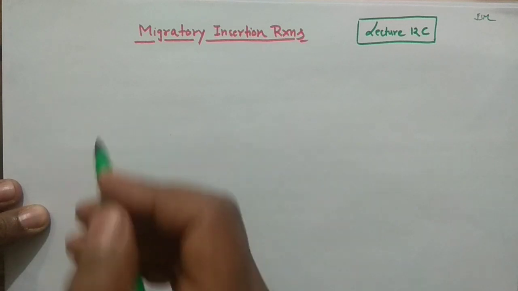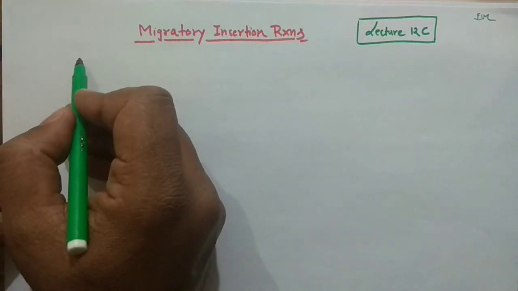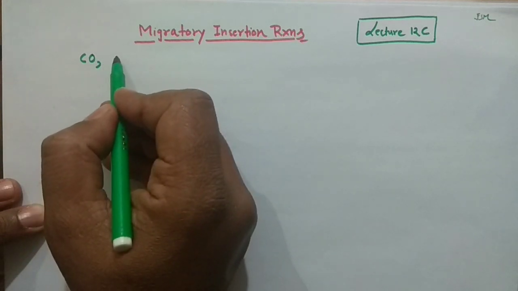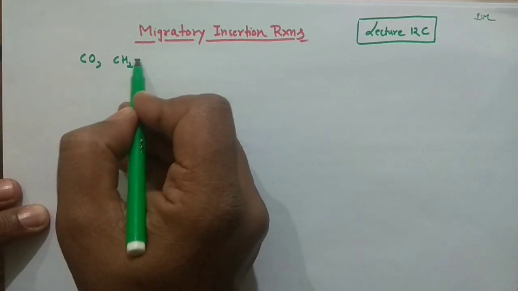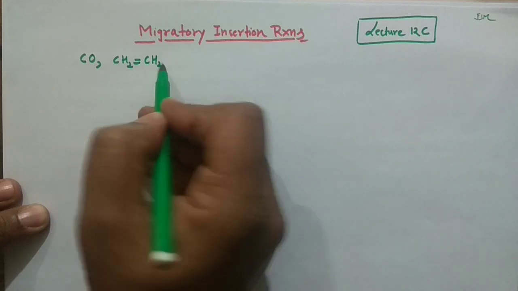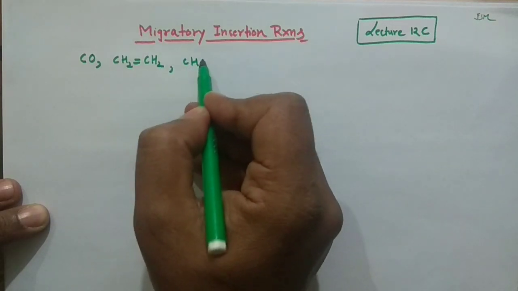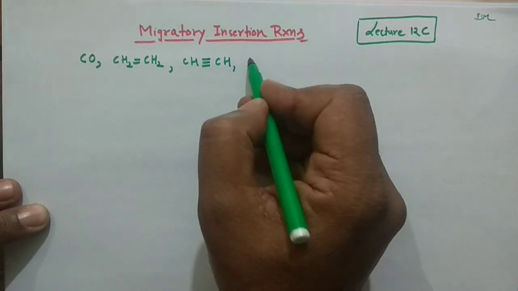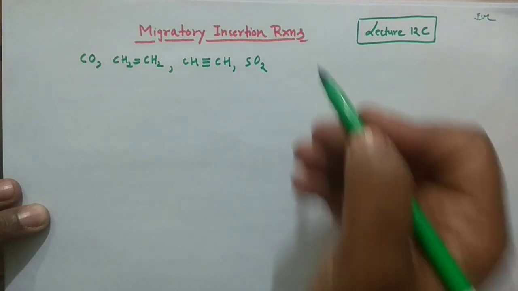You can see we may have some small molecules, like you may have the carbonyl group, and along with the carbonyl you may have your alkene. Okay, and apart from this alkene you may have your alkyne. These are the small molecules, and you may also have SO2, sulfur dioxide.